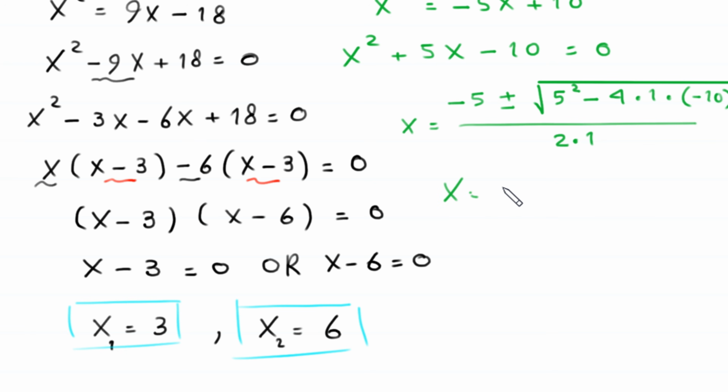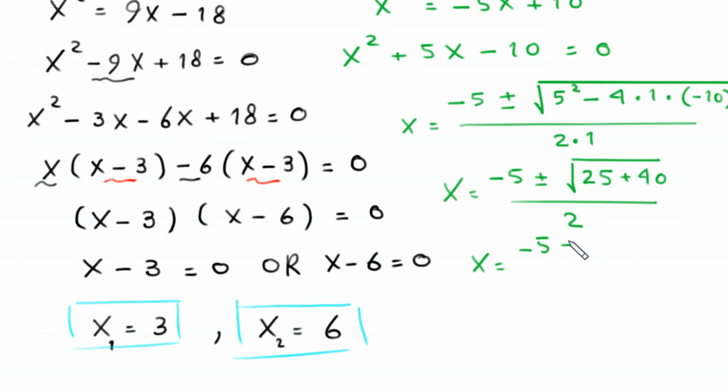Next, x is equal to negative 5 plus or minus square root of this 5 squared will become 25, and negative 4 times 1 times negative 10 will become plus 40, divided by 2 times 1, 2, and x is equal to negative 5 plus or minus 25 plus 40 will become root 65 divided by 2.